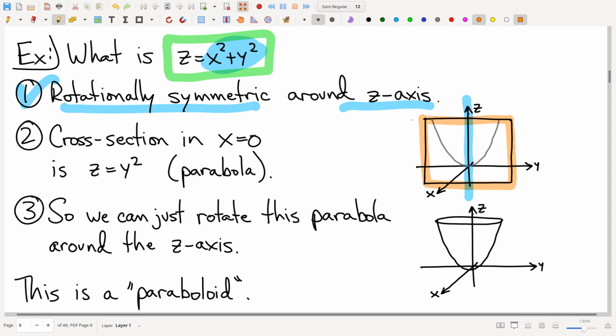So I'm going to pick this plane containing the z-axis. You have a bunch of choices. You could pick the xz plane instead of the yz plane. Whatever. It's all good. Minor observation.